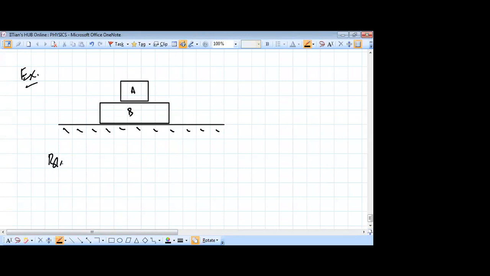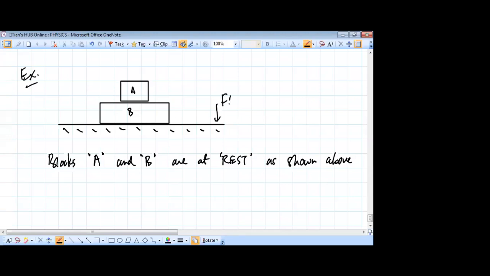So blocks A and B are at rest, as shown above. This is some kind of a floor again. This is the vertical direction, or the direction of g. Take g as 10 meters per second squared.